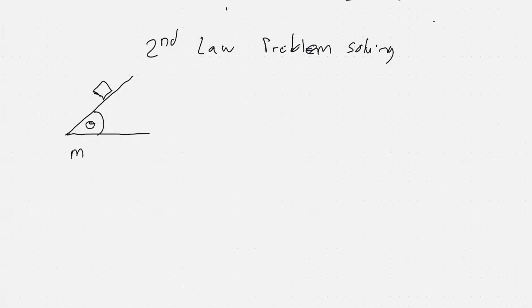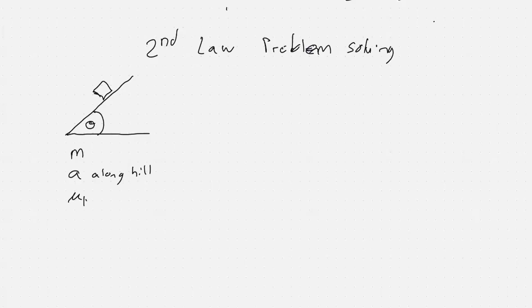What we can do then is we could either say, okay, I'm going to tell you the object's acceleration along the hill, or I would have to tell you, if I didn't give you that, the coefficient of kinetic friction if it's sliding, or the coefficient of static friction if it's not sliding.